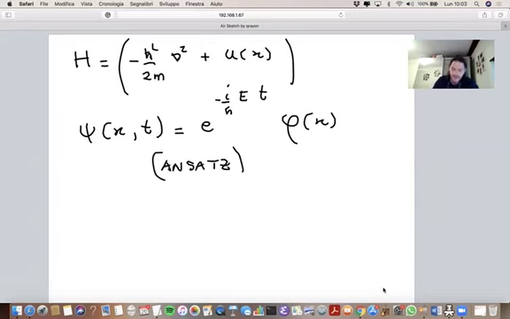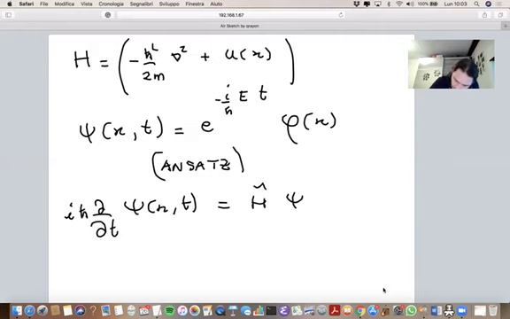What is an ansatz? I'm looking for solution of the Schrodinger equation, right? So my goal is to find psi, but I don't look for any kind of psi of any form. I restrict my search for the solutions to psi's that are in this form.